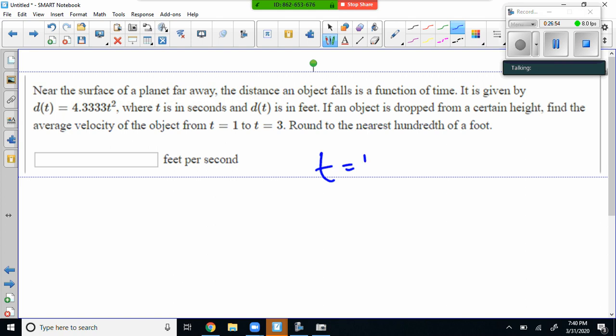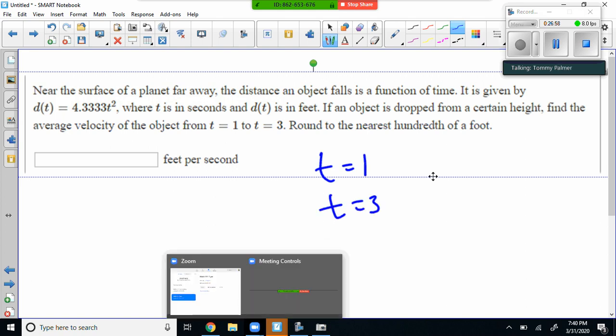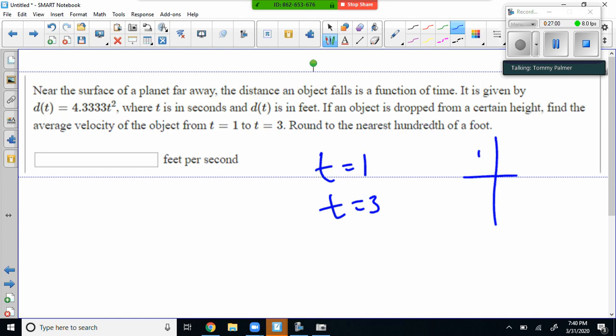So basically, t is equal to 1 and t is equal to 3, right? Here are your x values. You'd have to plug them in, right?